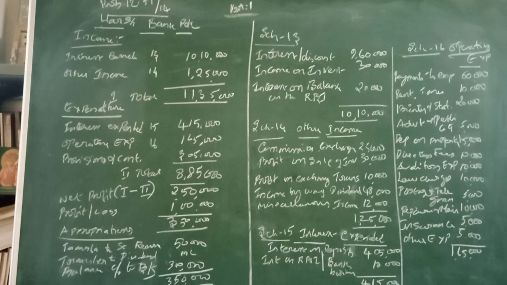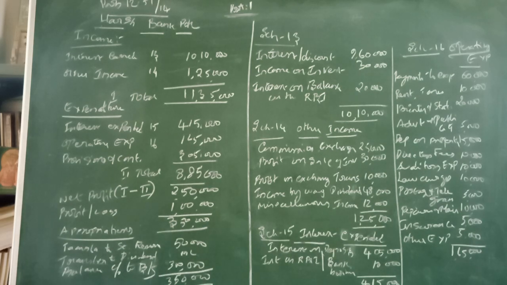Then the next one, provision for taxation, maybe 50%. How will you calculate that provision? Already I told you that the provision is taken as follows: all the incomes you have to total, minus interest expenses and operating expenses.